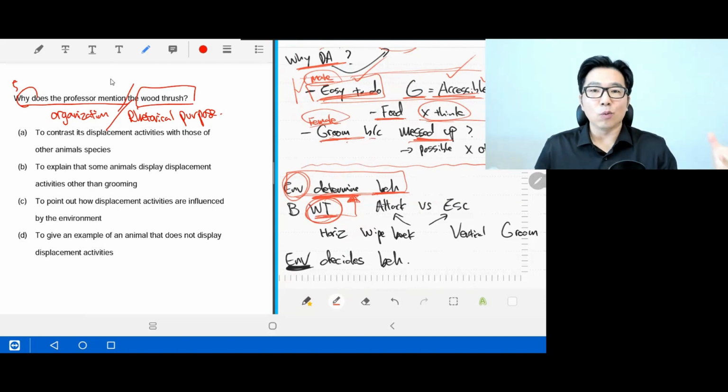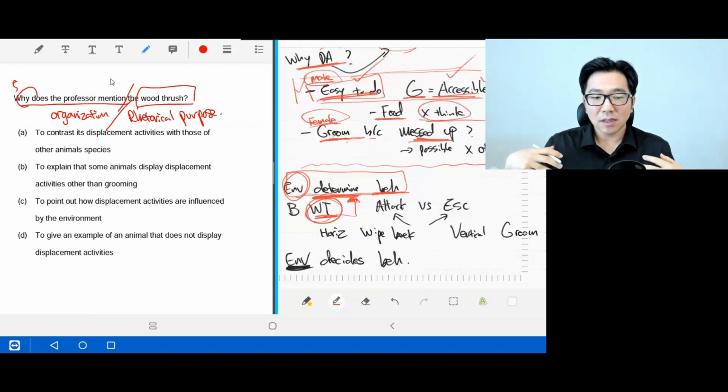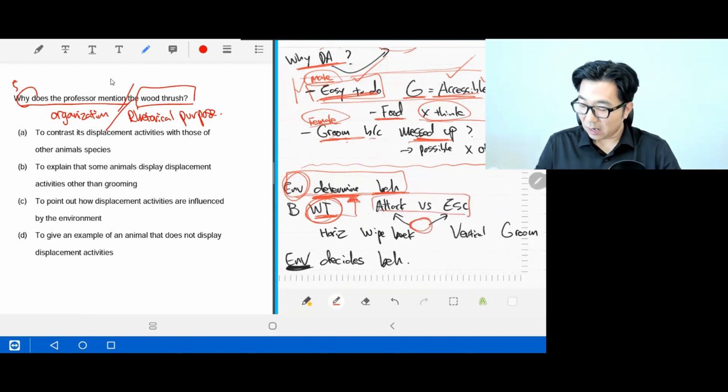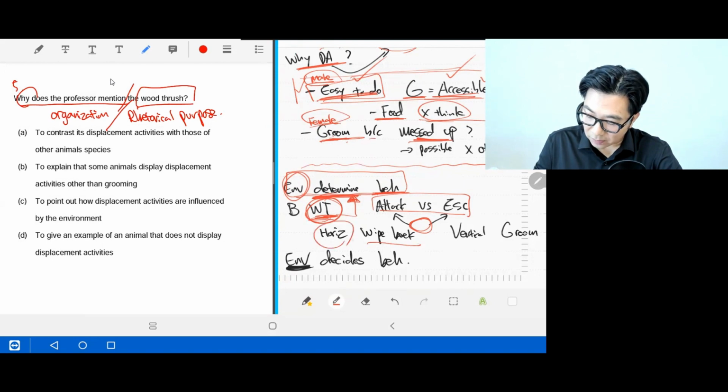So the example would be the wood thrush being influenced by the environment when the animals do displacement activity, right? So the example was when the wood thrush was in two conflicting drives of attacking or escaping from the enemy, the wood thrush does displacement activities, but depending on the environment. Okay, when he is in the first environment, it's irrelevant behavior, but he does one thing, or she.